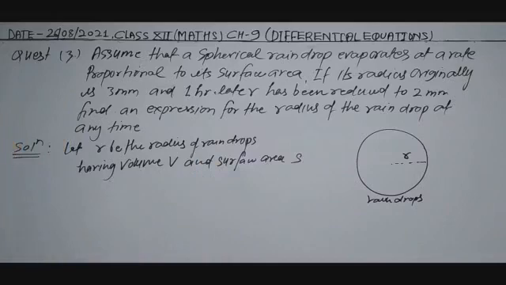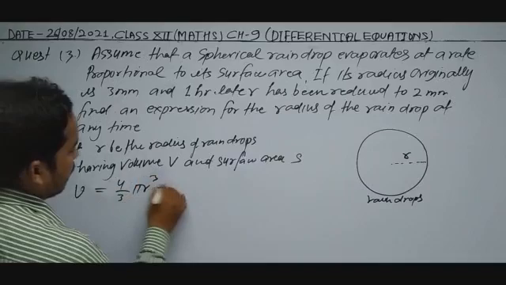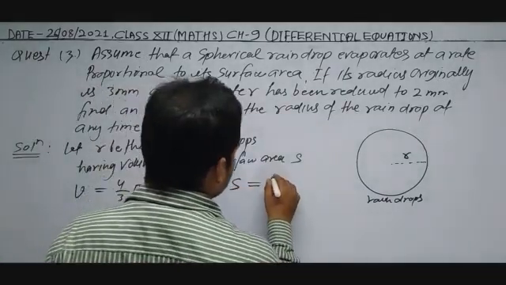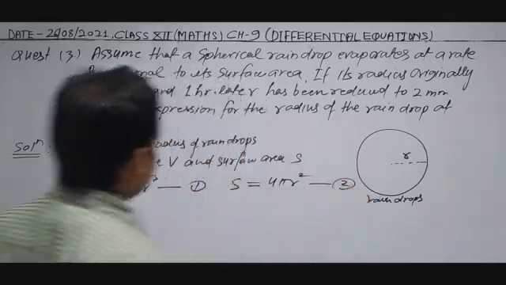So what we can write? Volume is equal to 4 by 3 pi r cube, consider equation 1, and surface area is equal to 4 pi r square, consider equation 2.